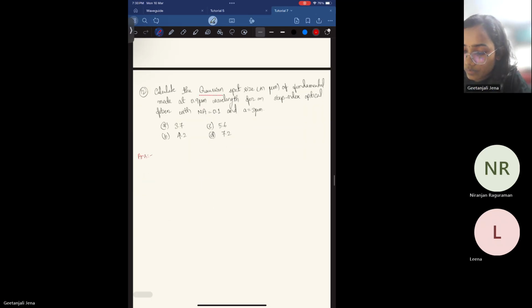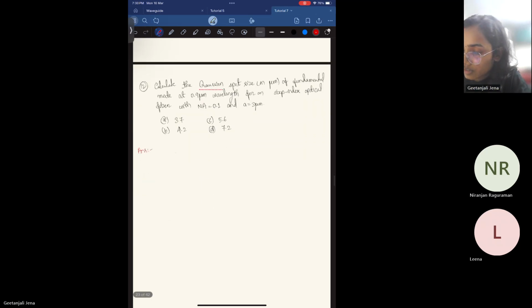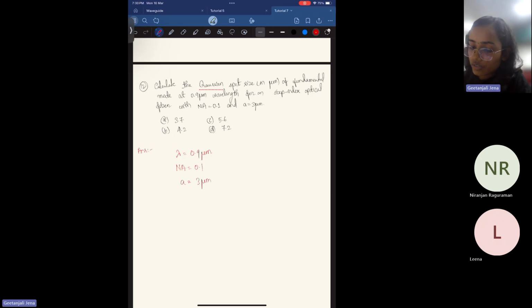So we have wavelength lambda, which is 0.9 micrometer, numerical aperture, it is given 0.1, and a is 3 micrometer. So first let us calculate the value of V.